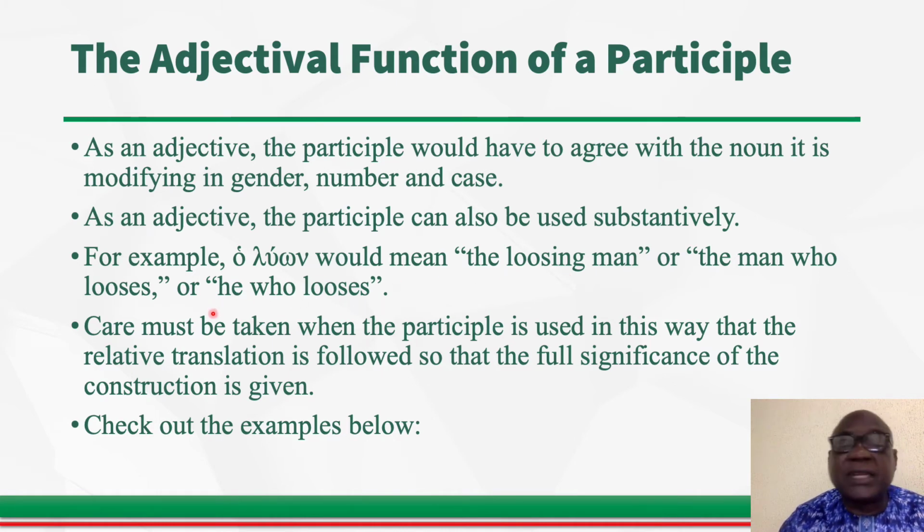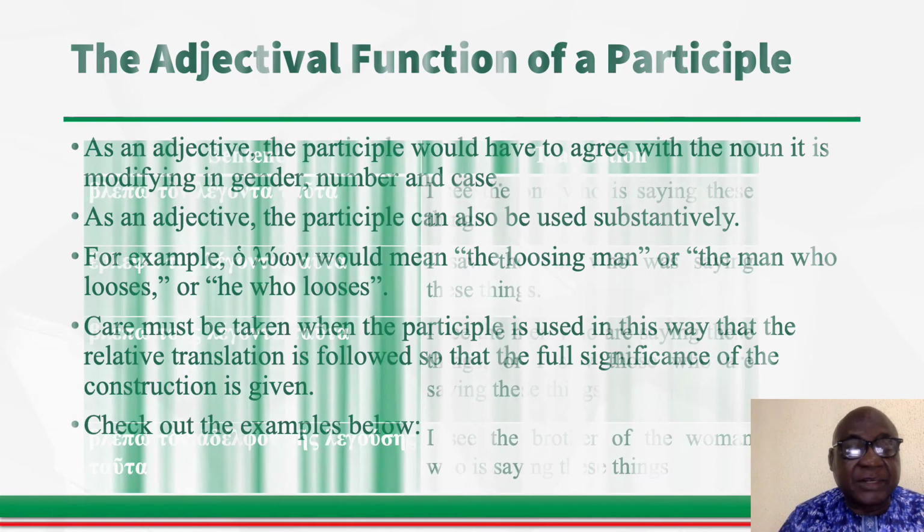Everything is masculine, everything is singular. Now, when participles are used in this way, they usually carry a relative translation, and that is why you have "he who." The "who" there shows the relative translation.